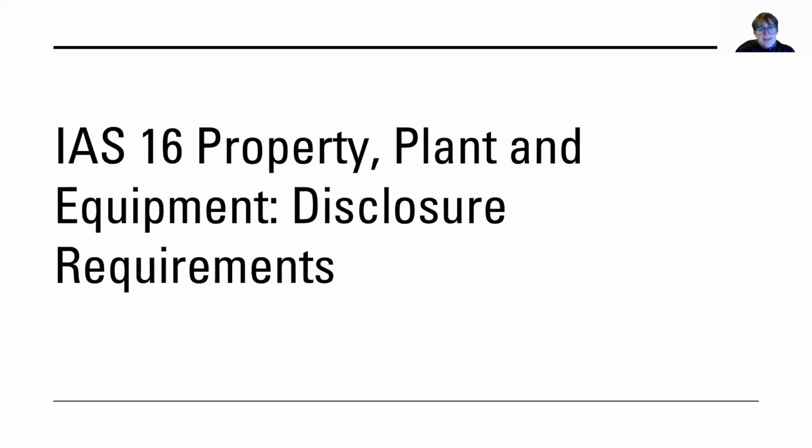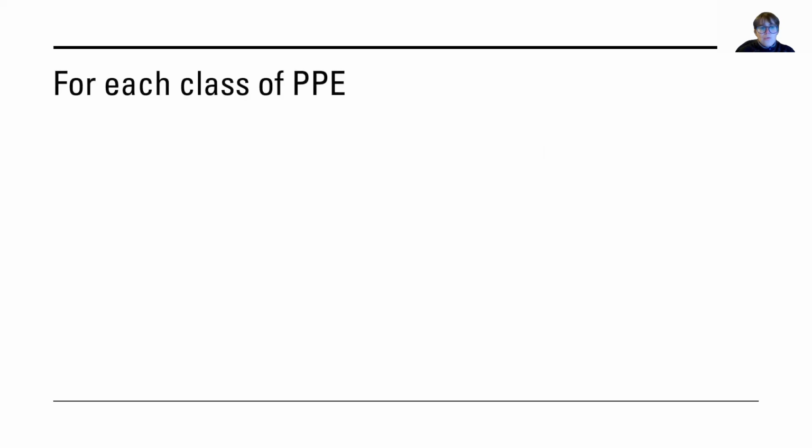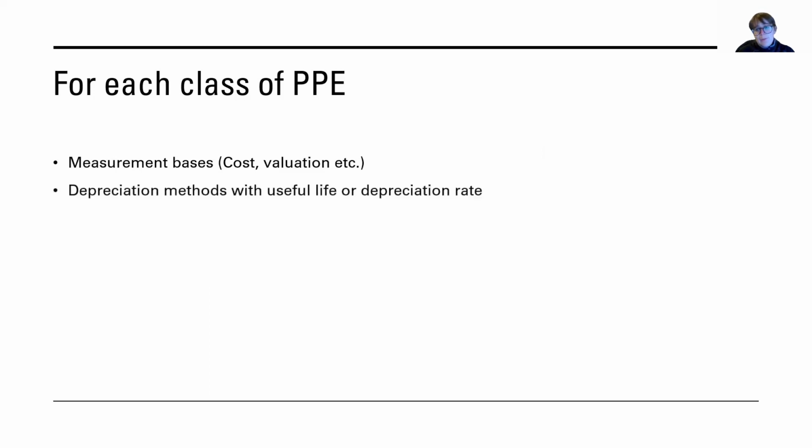So with IAS 16, there are also some disclosure notes that do need to be had. For each class of PPE, IAS 16 states that it must be disclosed how it has been measured. So is it measured on cost, valuation, or something else? What depreciation methods and useful life have been used, and also the depreciation rate if applicable.